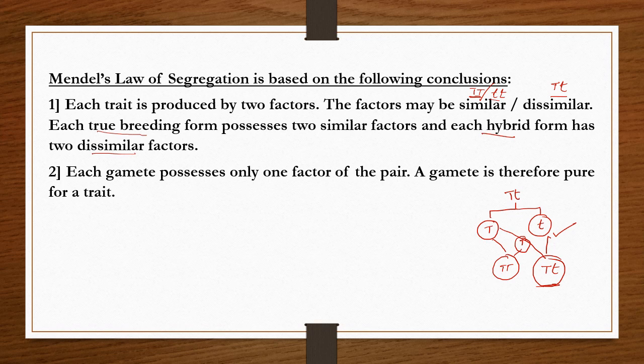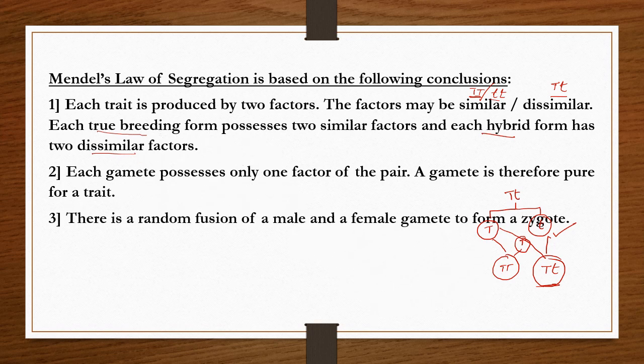So here each gamete possesses only one factor of the pair. In a pair, only one gene is received by the gamete, and it is pure for that character because it consists of only one gene. That gene represents its own character.